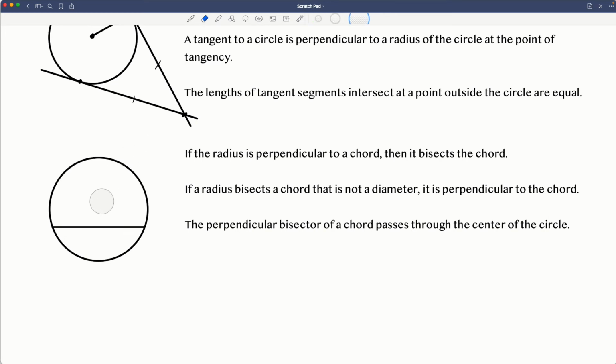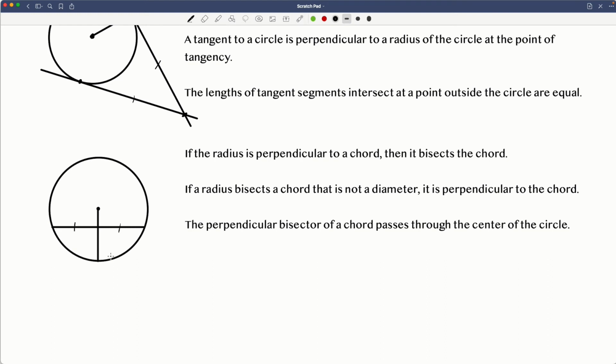Right about here is the center of my circle. If the radius is perpendicular to a chord, so let's draw a perpendicular radius right there, then it bisects the chord. So all that means is this side is going to be congruent to this side.